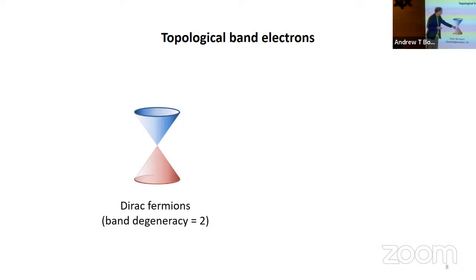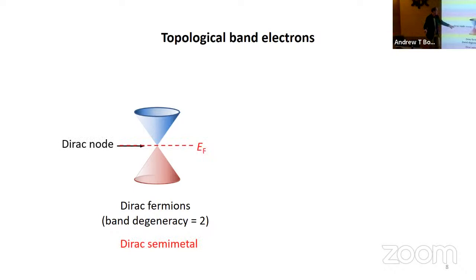And so the excitations around here are described as Dirac fermions. If the chemical potential is exactly at this point, then this type of material is called a Dirac semimetal. A semimetal is just a material where the valence band and the conduction band are just touching at one point. So that's a Dirac semimetal.